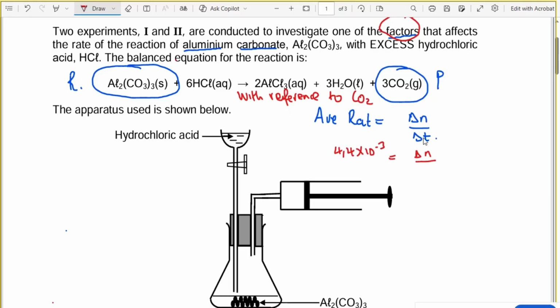It's equal to change in n all over, don't say T final, T minus is fine, you can just say 2.5. So change in n is equal to 2.5 multiplied by 4.4 times 10 to the power minus 3. So this tells you that the change in n is equal to what? We got 0.011.